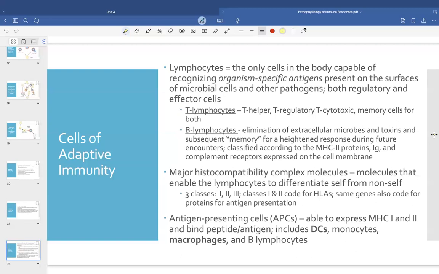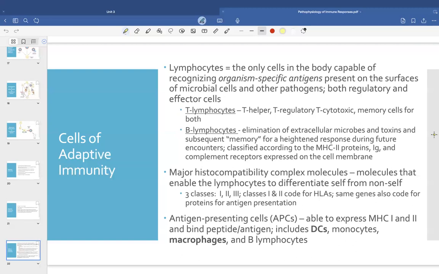Your MHC molecules are very specific, and they enable your lymphocytes to differentiate self from non-self. So there are 3 classes, and 1 and 2 code for your human lymphocyte antigens, your HLAs. Again, a major type factor for donor organs.